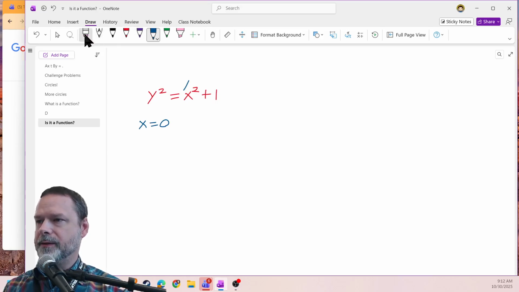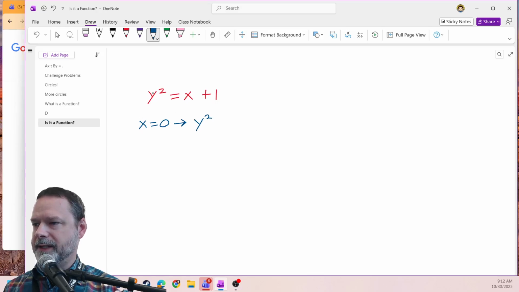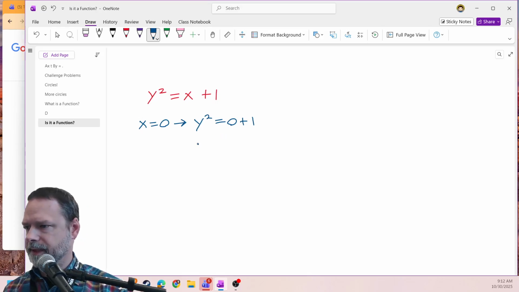I meant to write down y squared equals x plus 1. There we go. So if x equals 0, what does that tell me for my y? It says y squared will equal 0 plus 1. Then that means y squared equals 1.